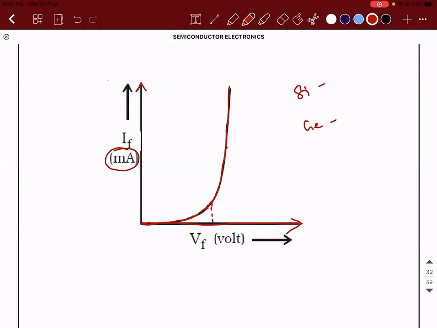What is it? Greater than threshold frequency. Sorry? Threshold voltage, greater than. So for silicon it is 0.7 volt, and for germanium it is 0.3 volt. And this voltage is what we call the knee voltage or cut-in voltage.